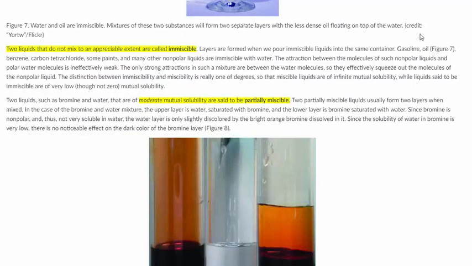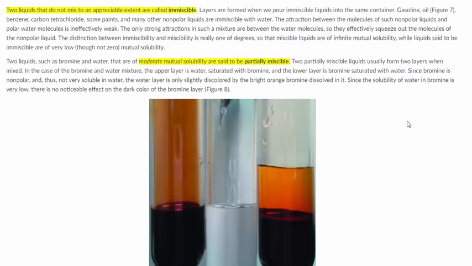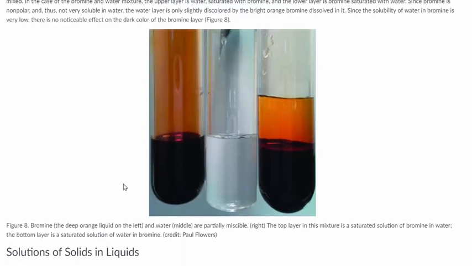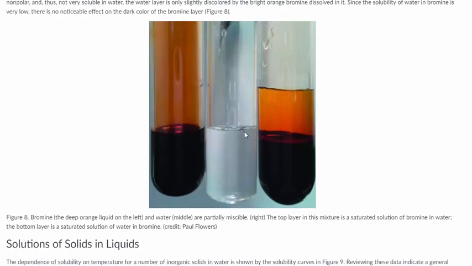Now, just to confuse things a little further, we could have some moderately mutual solubility, and that's called a partially miscible solution. As you can see here, we have our bromine water, and you have the two different compounds. On the left, you have bromine, and in the middle you have water, and then when you mix them together, they're partially miscible.